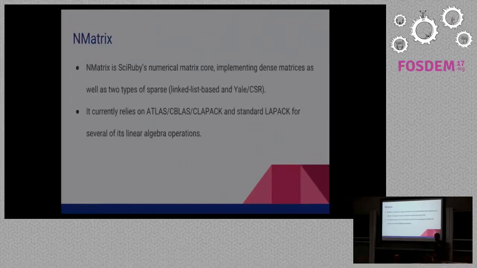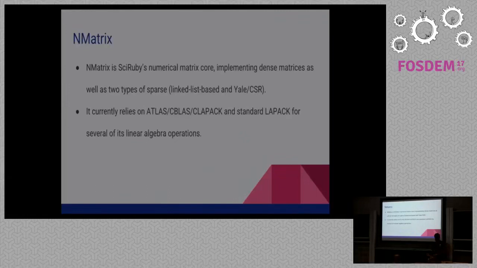So what is NMatrix? NMatrix is Ruby's numerical matrix core. It helps you perform linear algebra calculations on your CPU, and it has support for both dense matrices and sparse matrices. Basically, it helps you analyze matrices, which you might have studied in high school, where you used to solve linear equations using matrices.